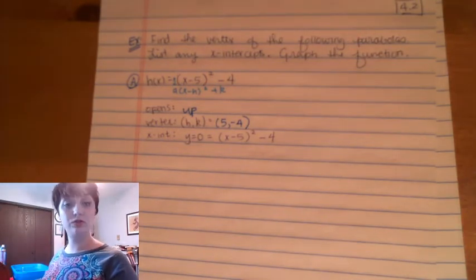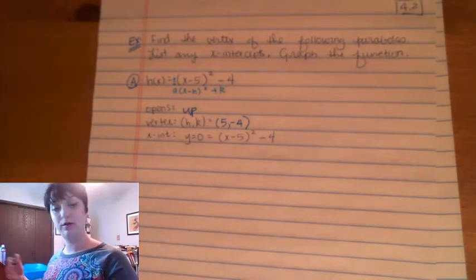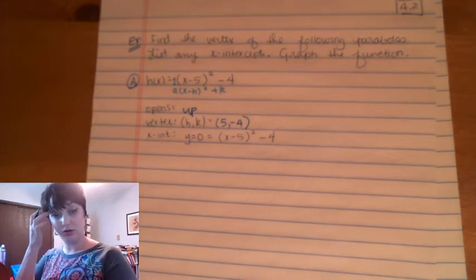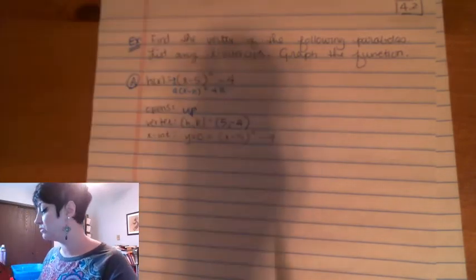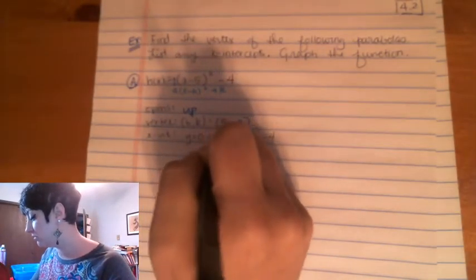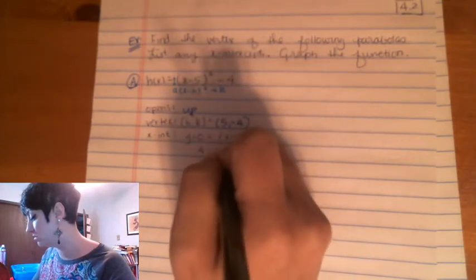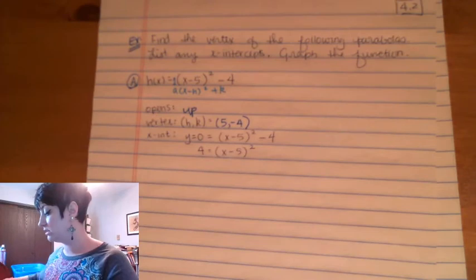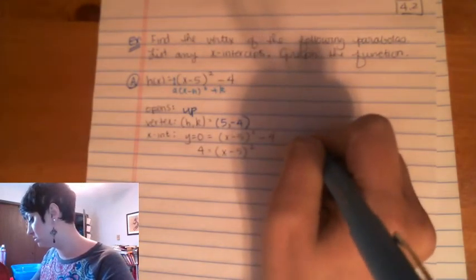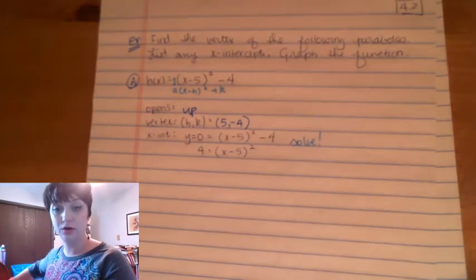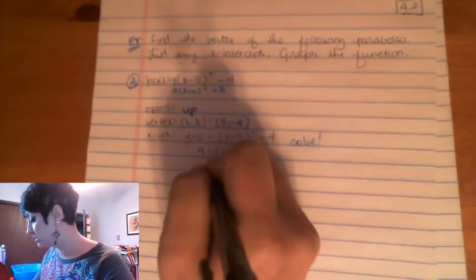So one way you could solve this is the square root technique, where you end up taking a square root of both sides. That's probably what I would do on this one. It's okay if you multiply this out. Okay, so I get x minus 5 quantity squared equals 4. Take a square root of both sides.